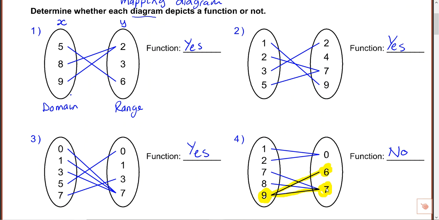If one input to those set of operations gives me two or more possible outputs, it's not a function, it's just a relation. Can you give me a real world example of a relation?